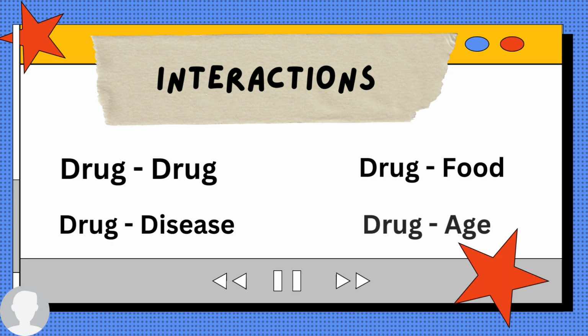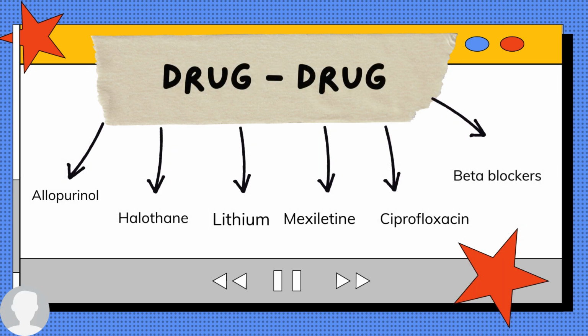Aminophylline interacts with other drugs, diseases, foods, and age. In case of drugs, it interacts with allopurinol, halothane, lithium, mexiletine, ciprofloxacin, as well as beta 2 blockers, along with a plethora of other drugs.